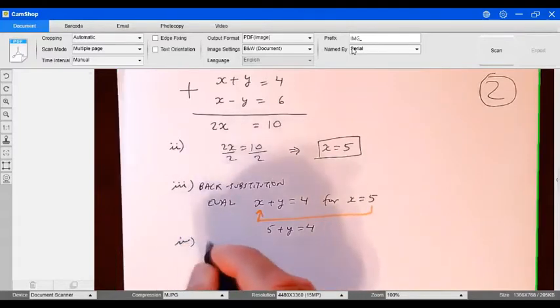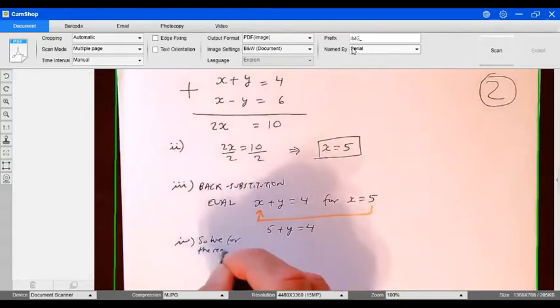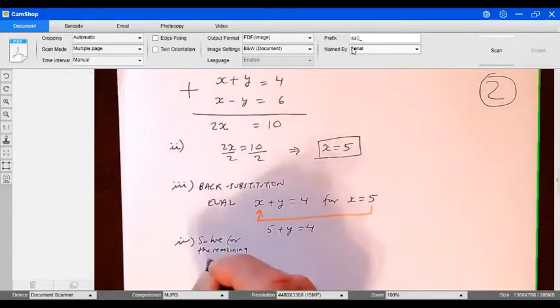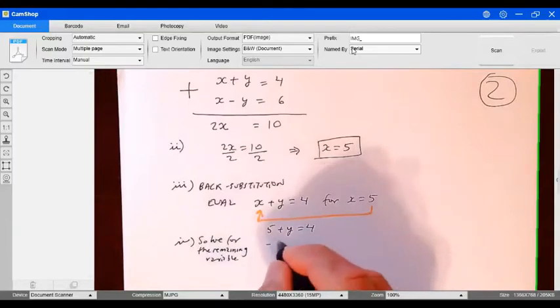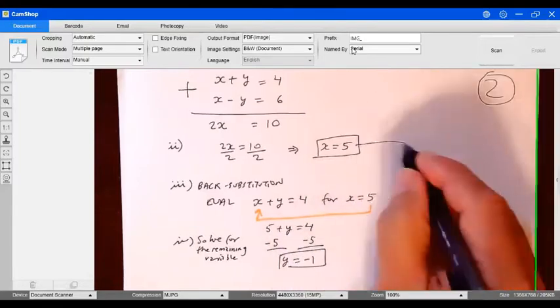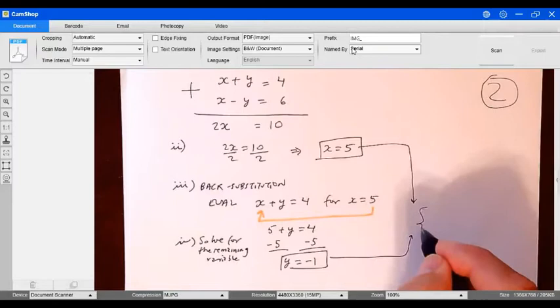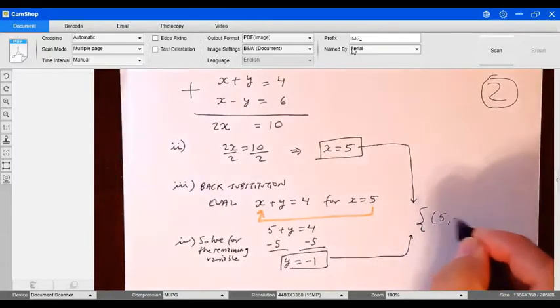That's the next step. Solve for the remaining variable. So in this case, I'm going to subtract 5 from both sides of the equation to isolate y. So I'm going to get y equals -1. So from these two values, I can get the solution 5, -1.